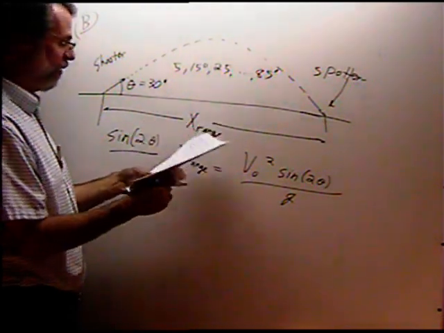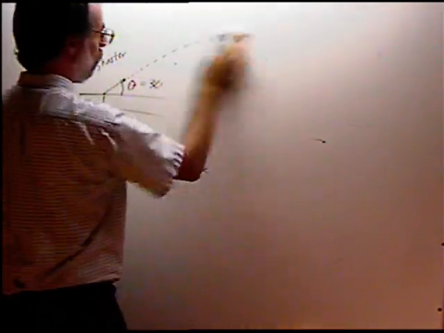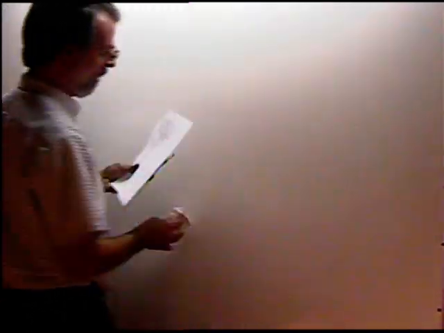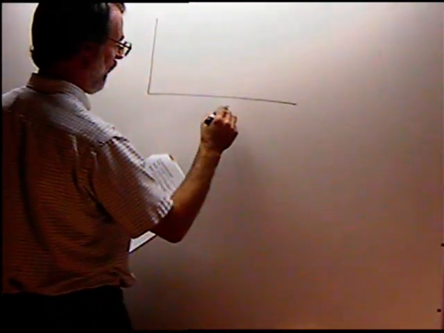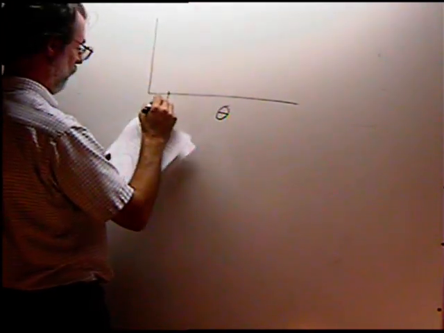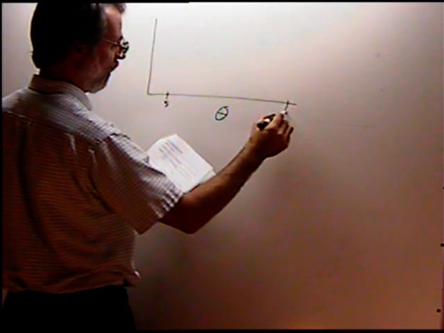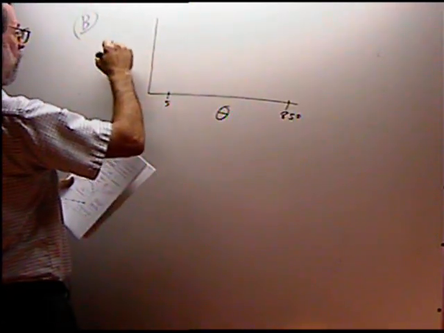In the first graph, and this is explained on page 5, you're simply going to make a plot of the angle from like 5 degrees on up to 85 degrees, and this is the range.